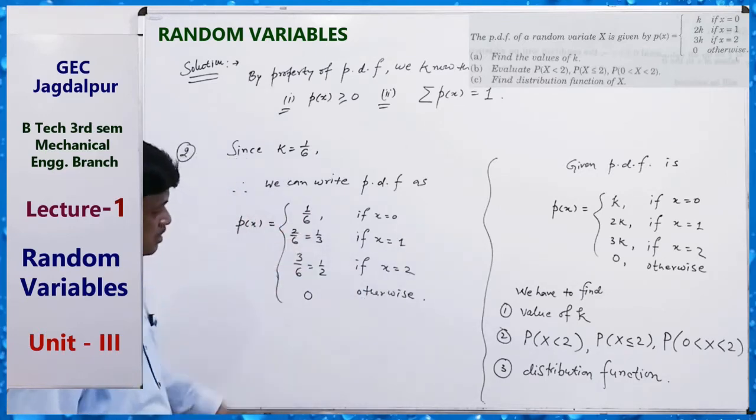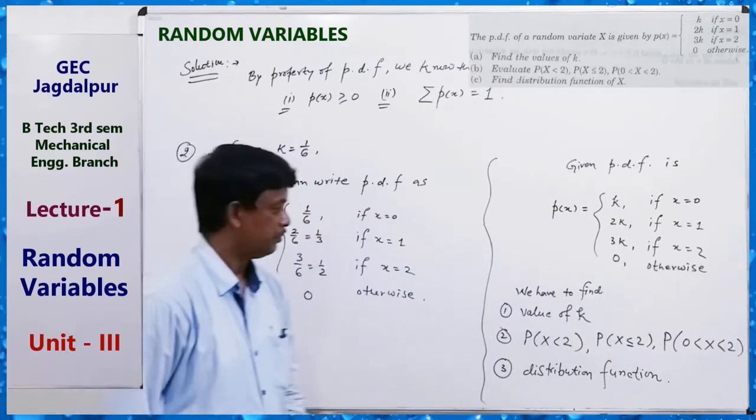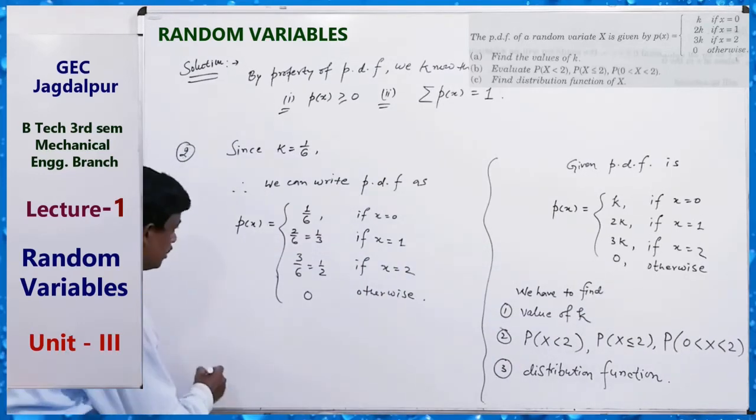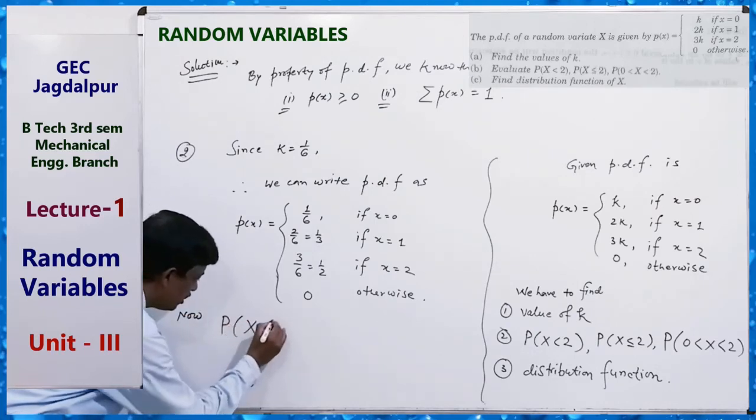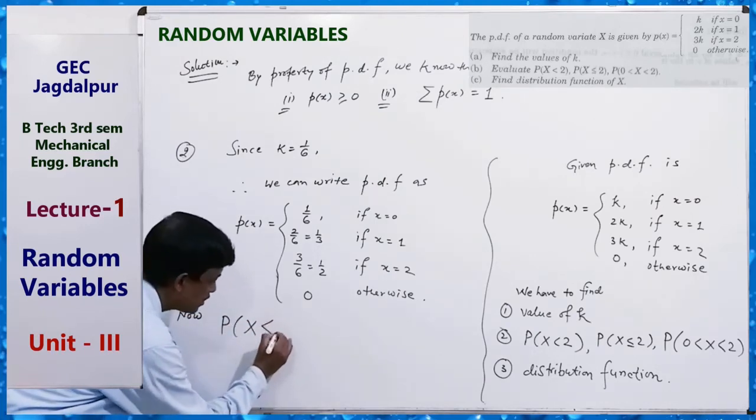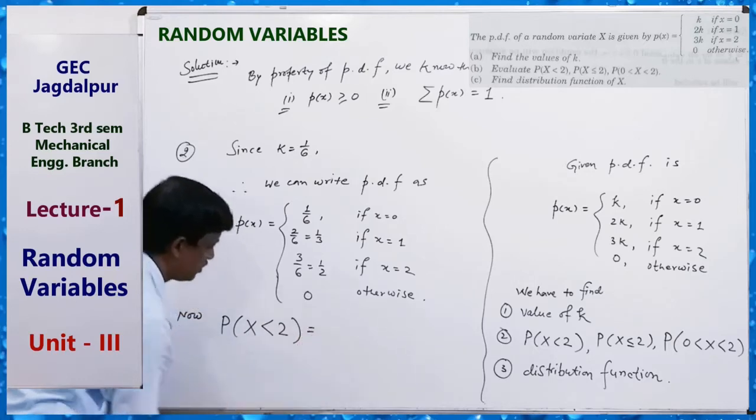Now using this we have to find P of x less than 2. Probability of the random variable x less than 2 means what?